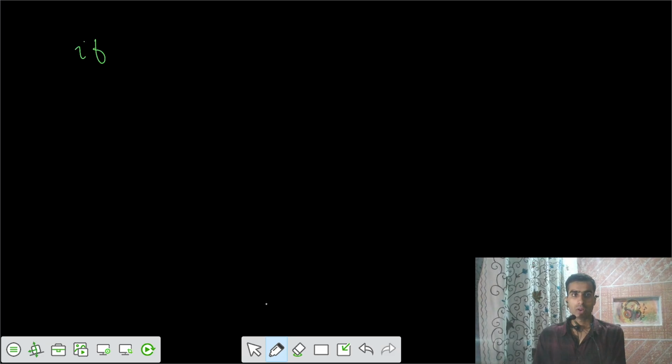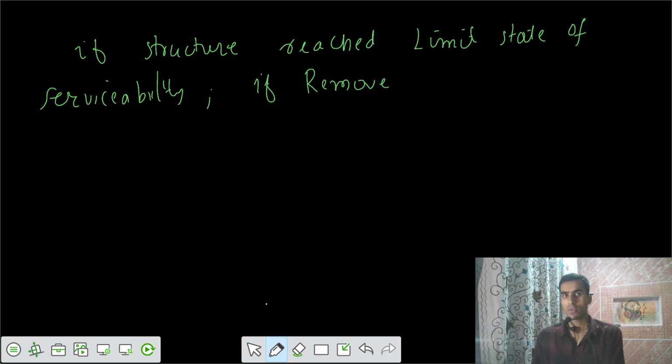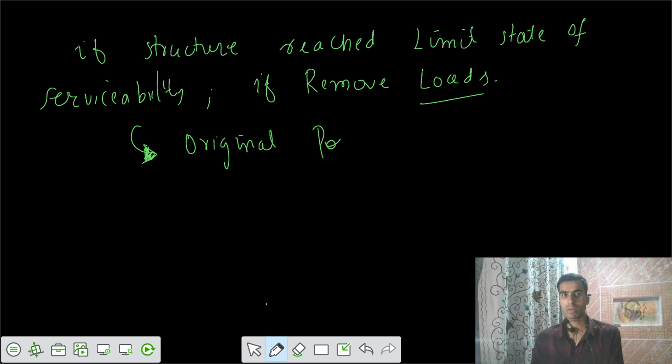If your structure has reached the limit state of serviceability, and you try to remove the loading, that's unloading, then under that serviceability condition your structure is going to come back to its original position.